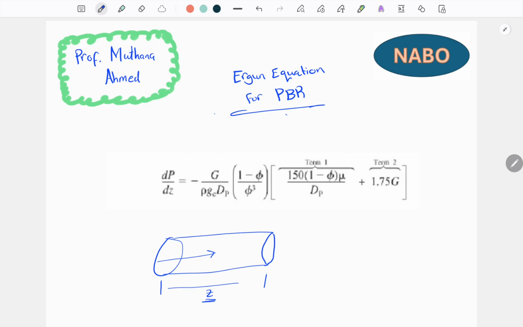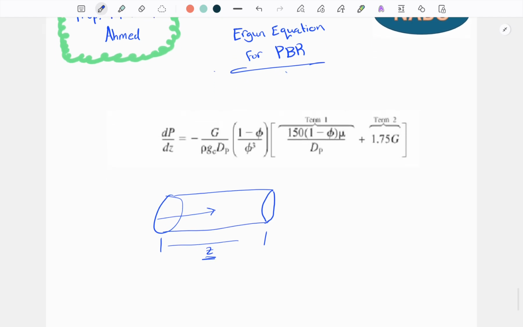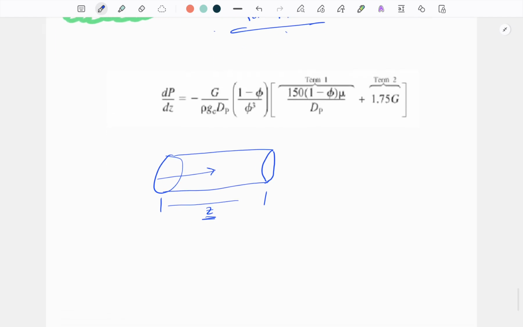Therefore, the Ergun equation only applies when we're working with a gas phase in a packed bed reactor.